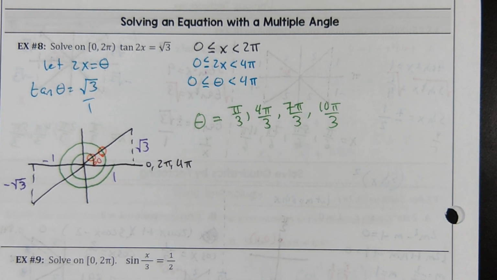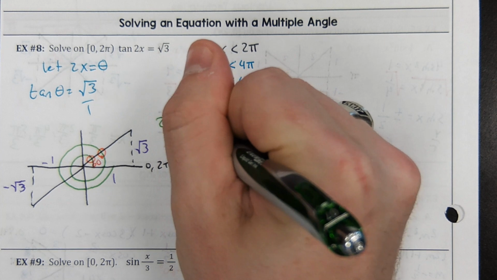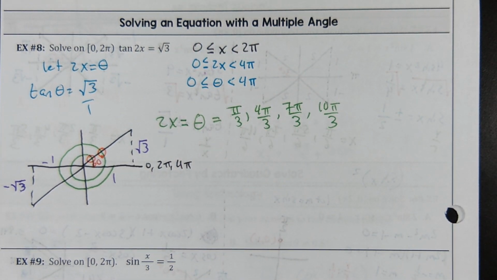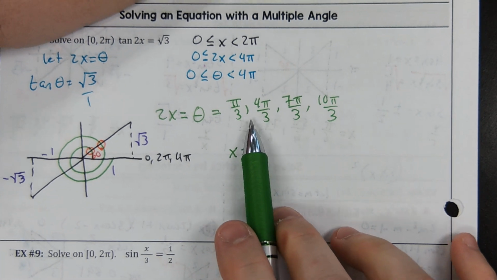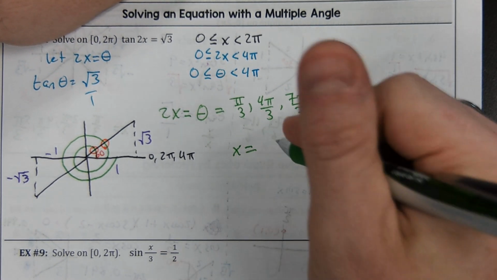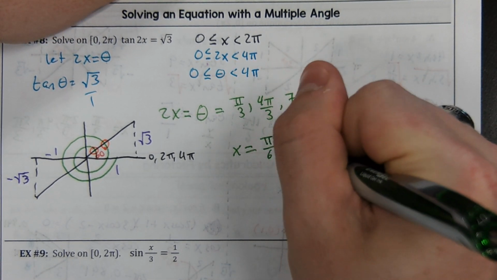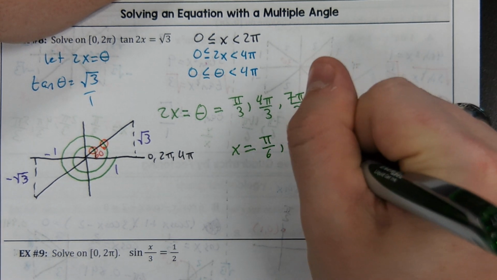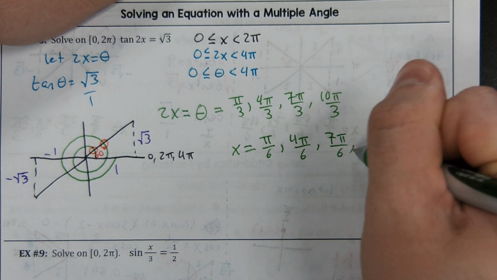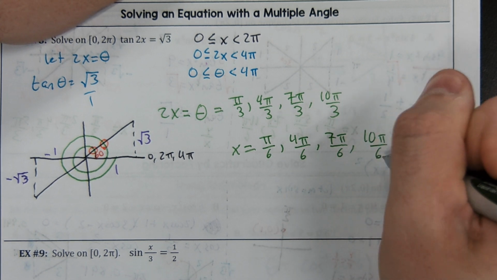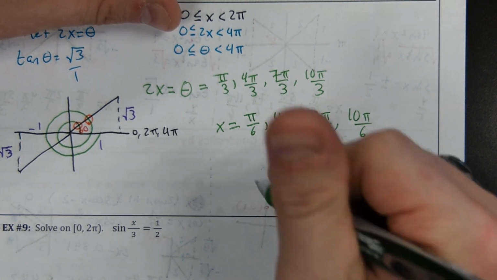Remember what theta equals? So how do you get x by itself? Divide everything by 2, which is the same as multiplying everything by 1/2. So x equals, and I'm going to distribute a 1/2 across these 4 answers. It gets me a pi over 6, a 4 pi over 6, don't worry, I'll reduce it in a second, a 7 pi over 6, and a 10 pi over 6. Now just reduce anything that can reduce.